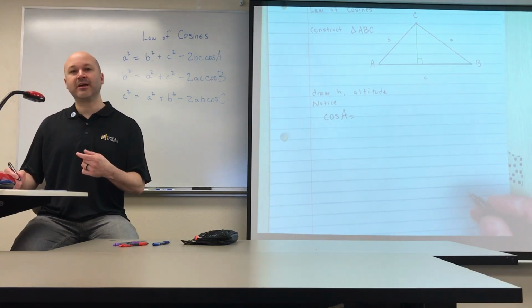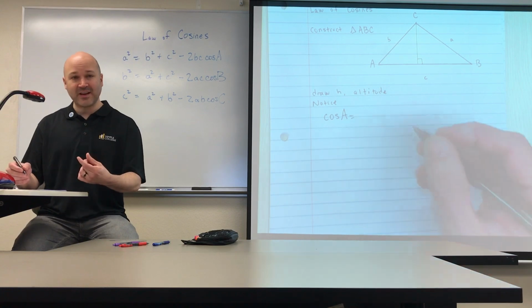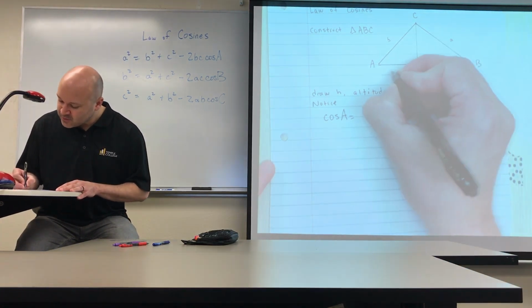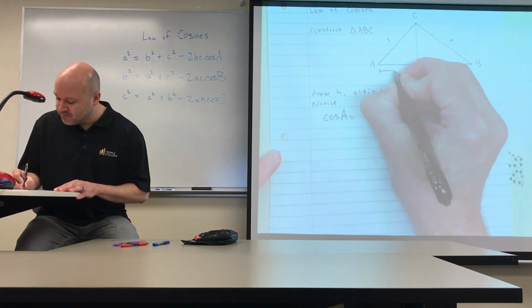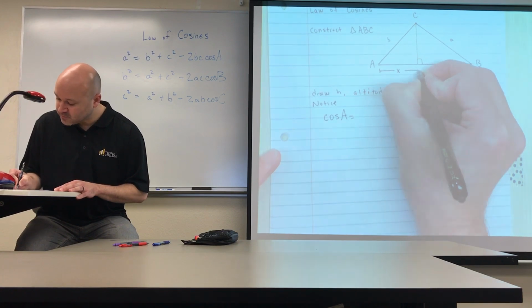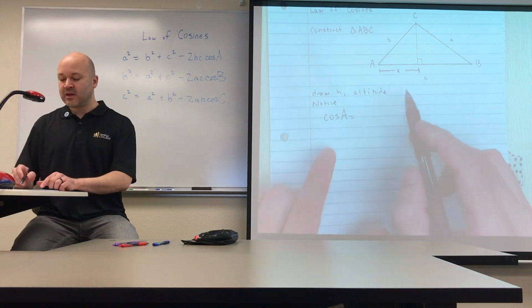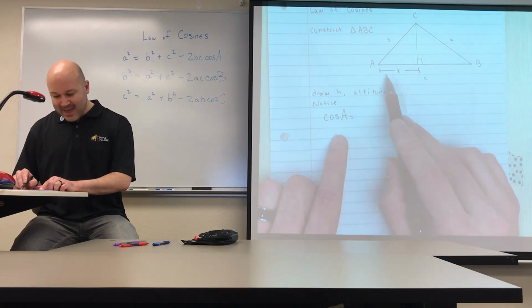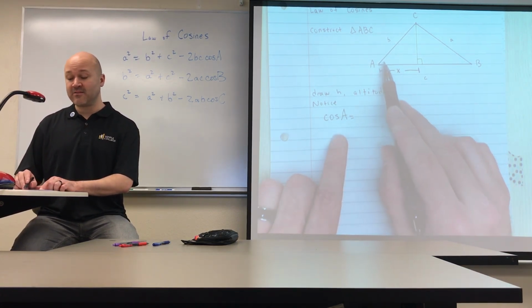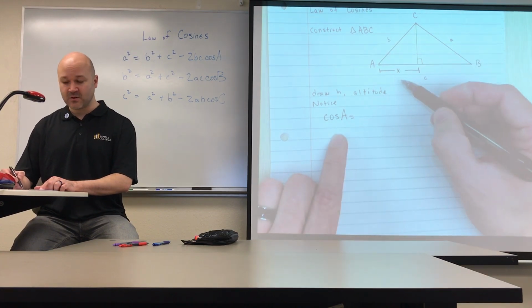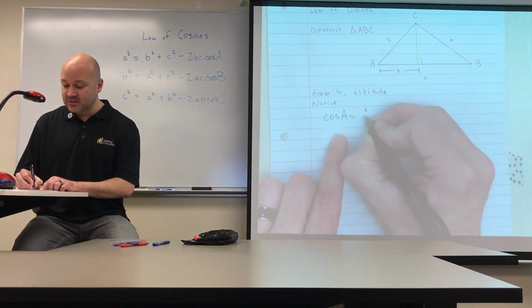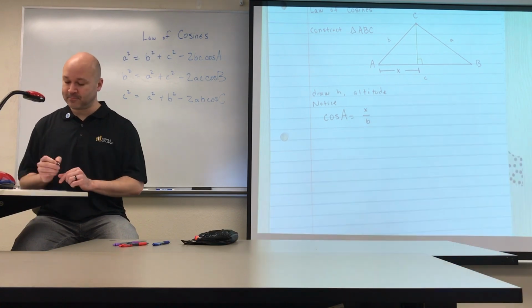Well, I can create a variable to talk about that adjacent side length. So let's call this distance x. Then I can refer to x as my adjacent. So cosine of angle A would be the adjacent over the hypotenuse, x over b.